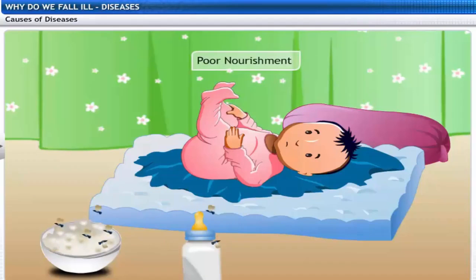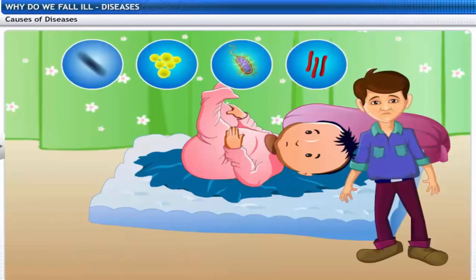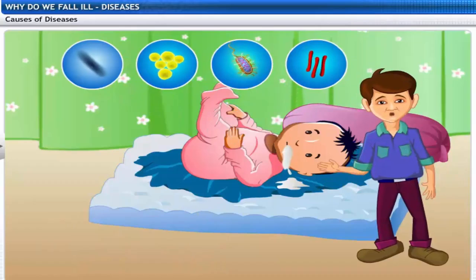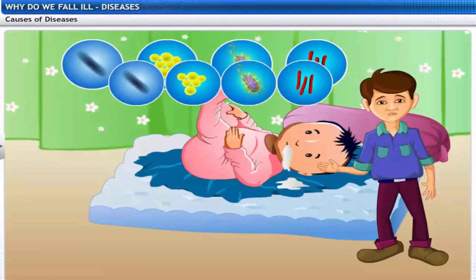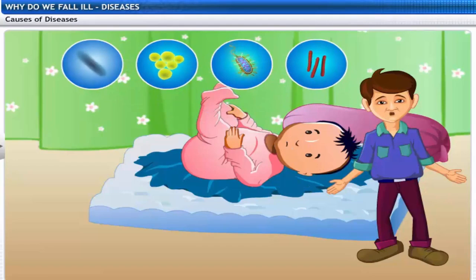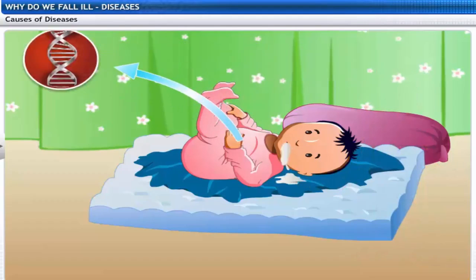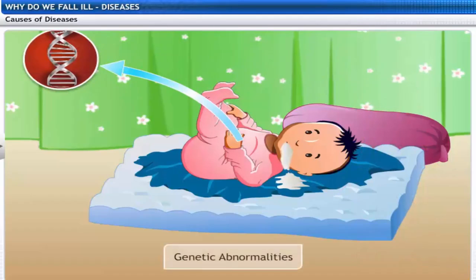So lack of good nourishment becomes a second-level cause of the disease. The baby might also be genetically more likely to suffer from vomiting when exposed to such bacteria. Good. Then, genetic abnormalities could be the third-level cause of the baby's disease.